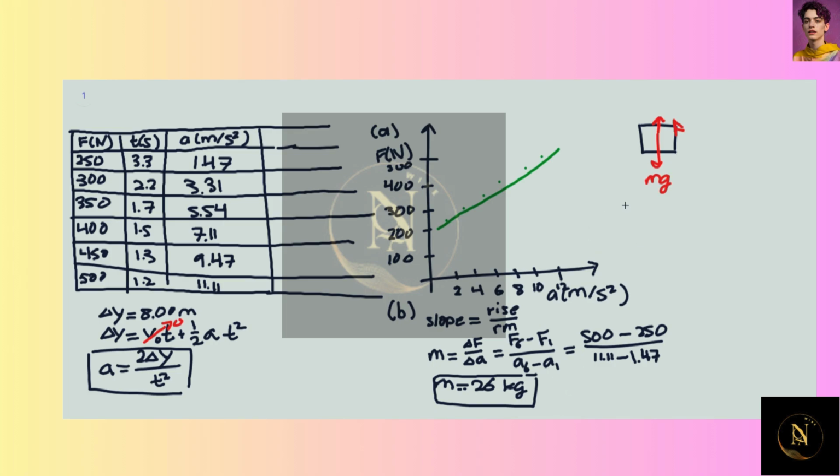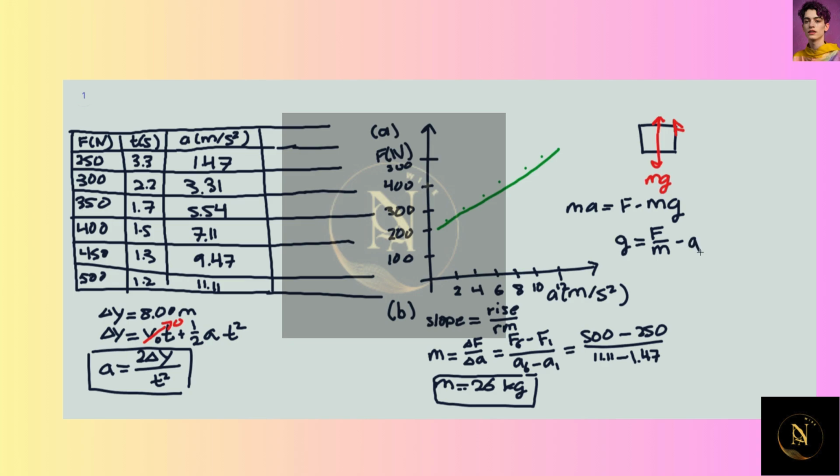If we apply Newton's second law to this block, then we get that the force ma is equal to that applied force minus mg. In other words, we can solve for g by taking F over m minus a.